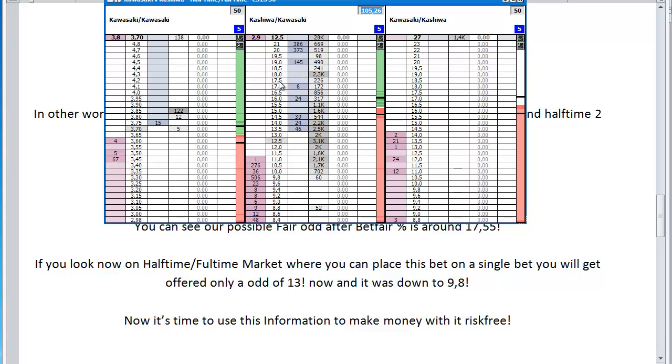So you can see that here the odd is too low, so it makes logical sense to invest here the money, and for this reason there is now time to use this information to make money without risk.